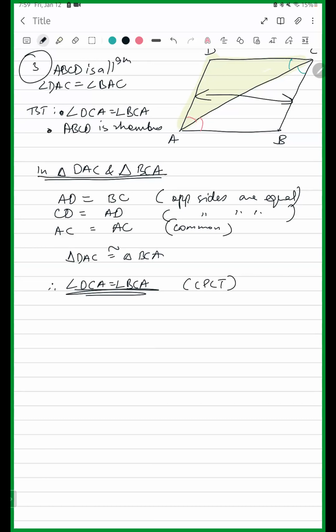And these two sides are also equal. We need to show that this side is equal to this side. So for that, we will have to take something else. Which two triangles will we have to take?